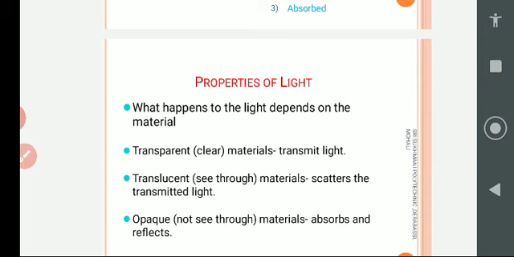What happens to the light when it strikes the material depends upon the nature of the material, the type of the material, or the refractive index of the material.